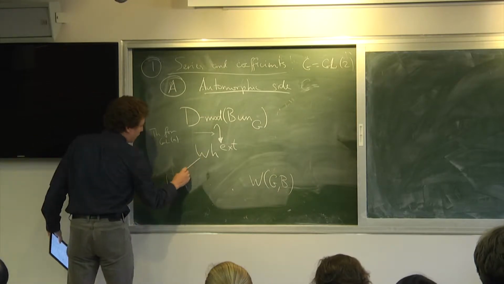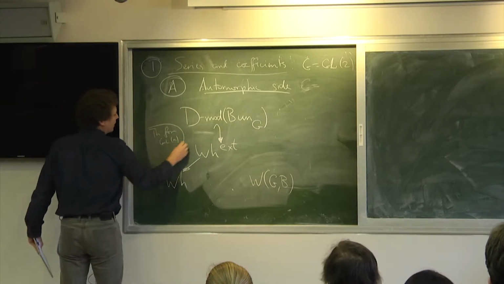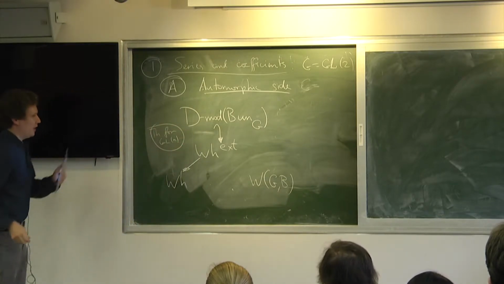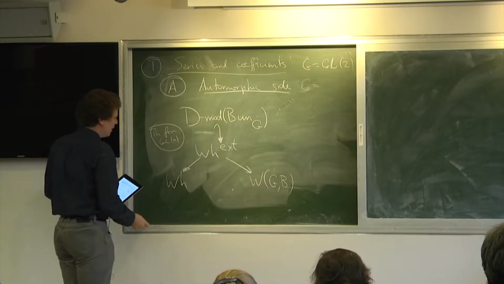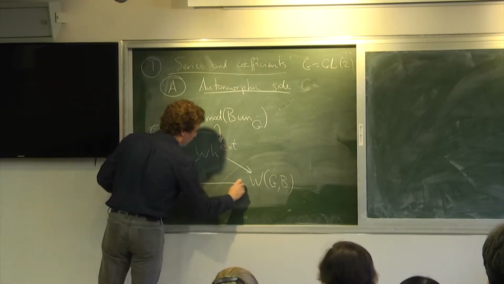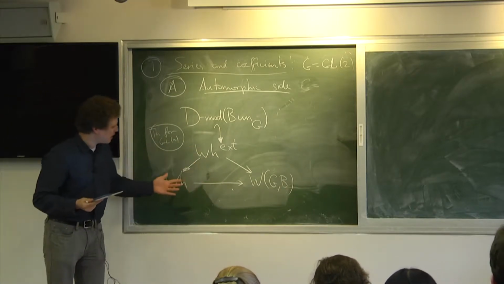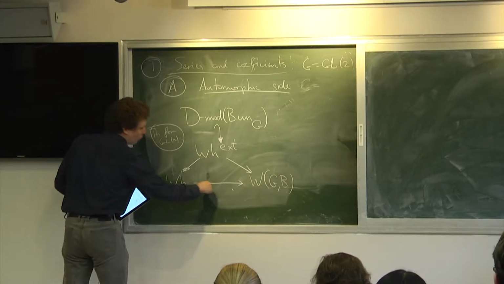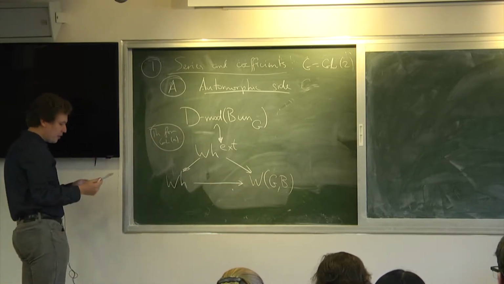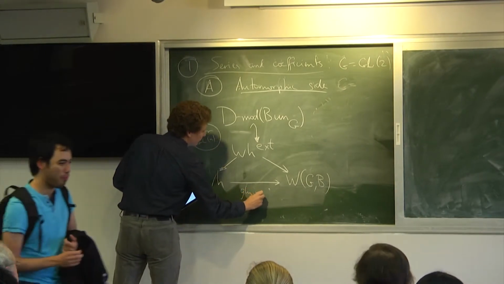And so on this level, maybe I shouldn't draw this arrow here. So this is not an action. Arrows are functors. So the formal relation between the categories can be expressed as follows. Now this arrow on the bottom is some kind of gluing functor.